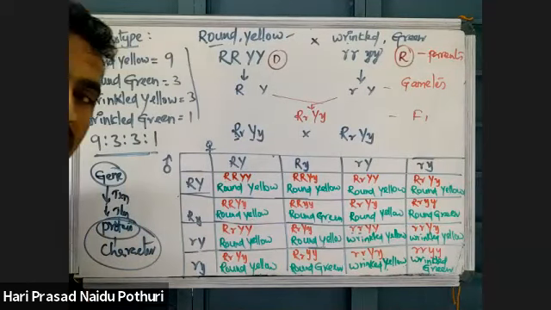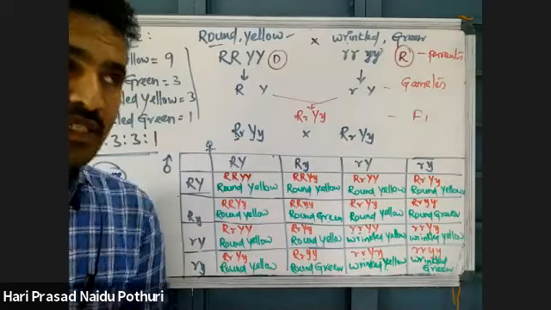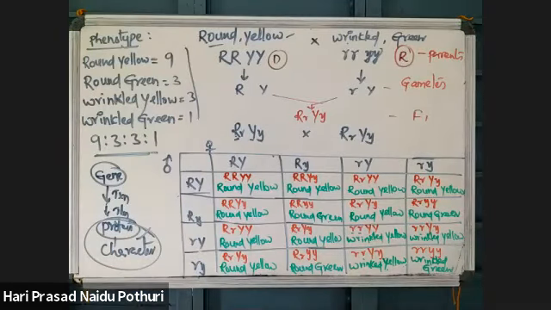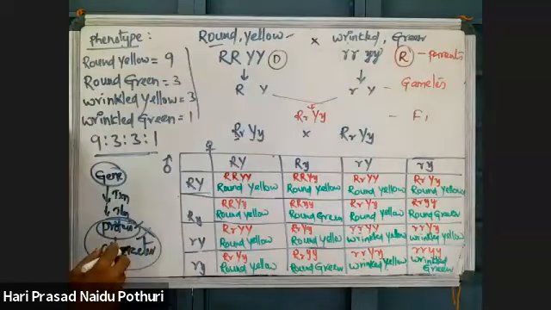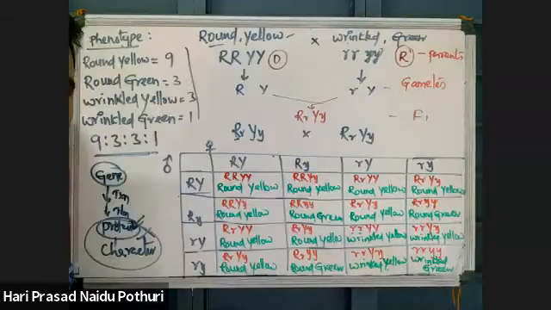Phenotype is the physical manifestation based on the expression of a character by a protein. This protein may be a structural protein or an enzyme protein; whatever it is, it shows its physiological activity.